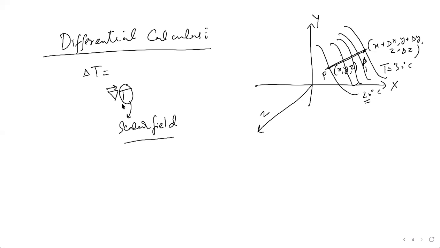But this grad is your vector operator, and this full change can be written in terms of grad T operating on a vector. So this was the total result that we formulated. And this grad T now is what?